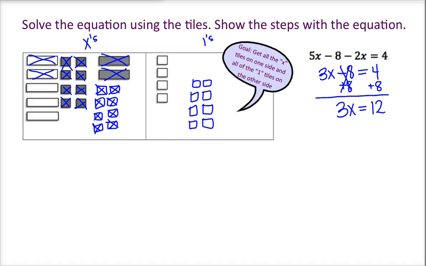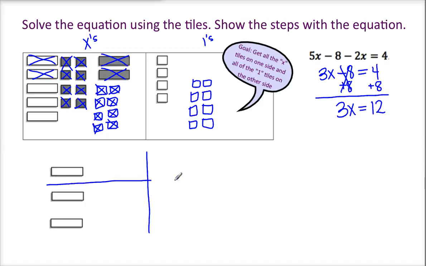Now my last job. I have 3 x tiles over here. Once I get to this point, I'm going to have to redraw these ones. Actually, let's just go on. So I have 3 x tiles and I have 12 1 tiles. Now I need to assign the same amount of 1 tiles to each x tile.